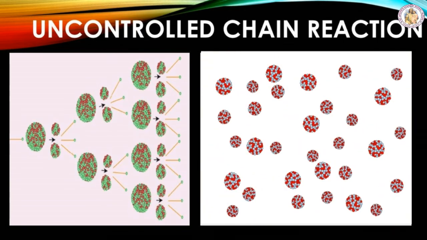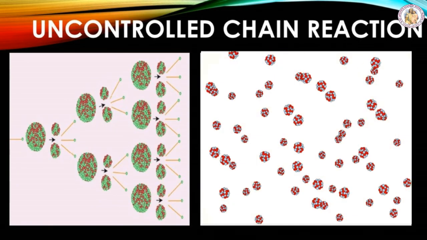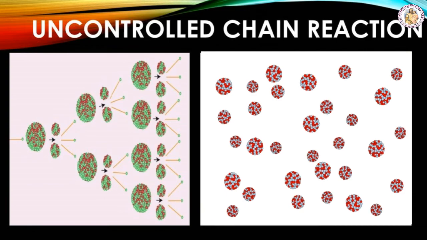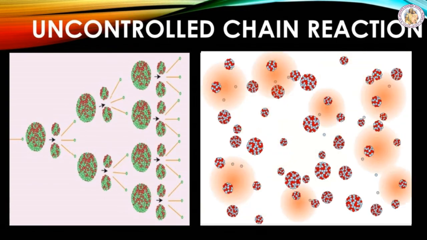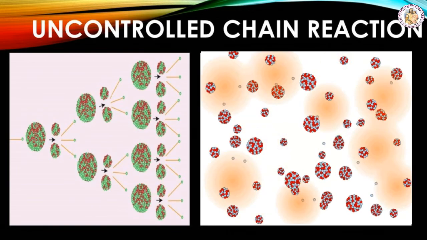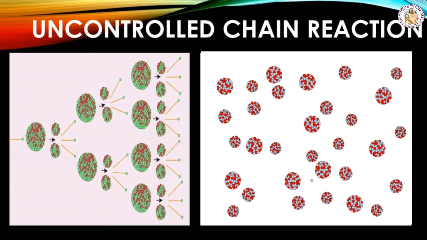All the neutrons are released, so a large amount of energy is released in a fraction of a second. This kind of chain reaction is used in the atom bomb to produce an explosion. So this represents an uncontrolled chain reaction.